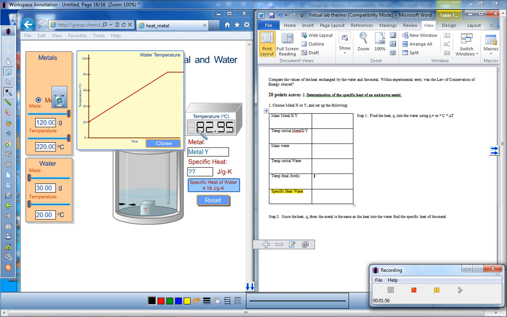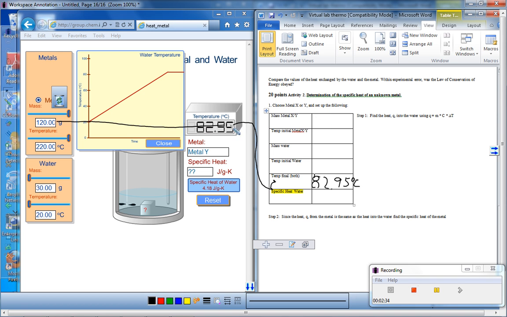The number in between 82.97 and 82.93 is 82.95. Now it stopped moving because that's the way this recorder goes. So I'm going to put this number right down here, for the final temperature of both, which is going to be 82.95 degrees C.